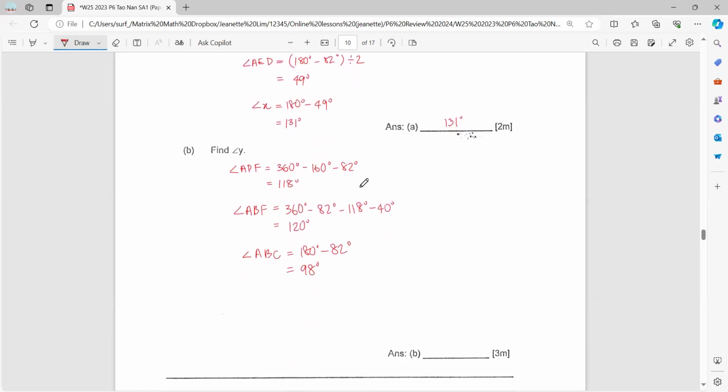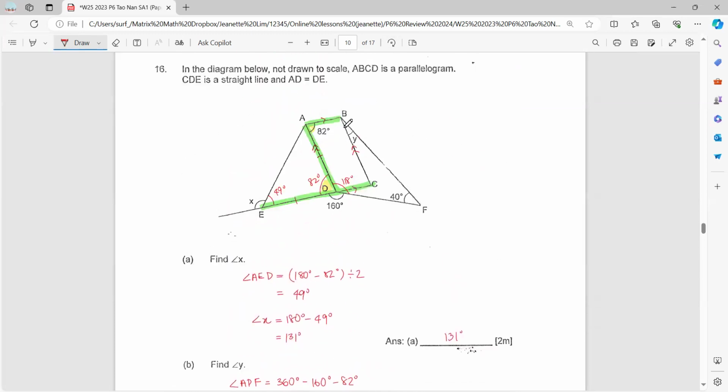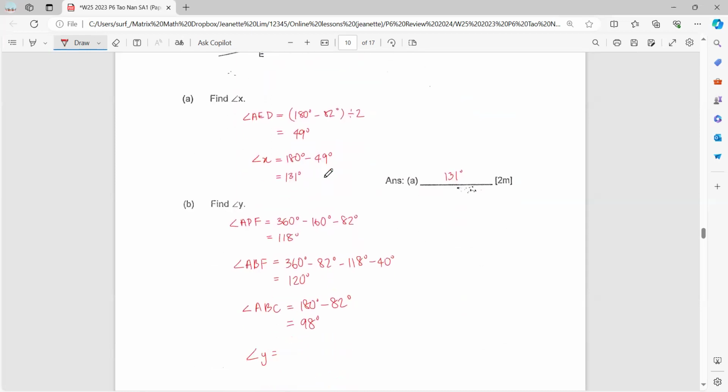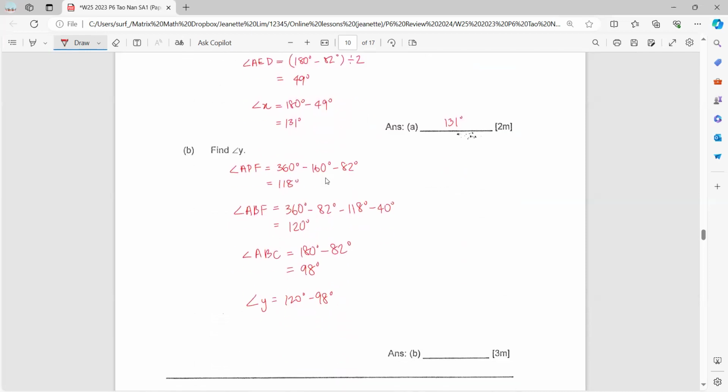So angle Y will be ABF, which is 120, minus ABC, which is 98. So the answer is 22 degrees.